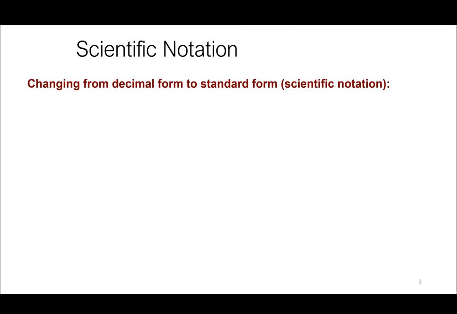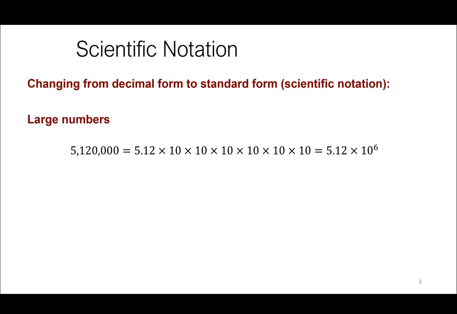So again, changing a decimal from standard form, aka scientific notation. If I say I have 5,120,000, I need to start by finding that value of a between -10 and 10. That's the 5.12, right? That captures all the significant digits.